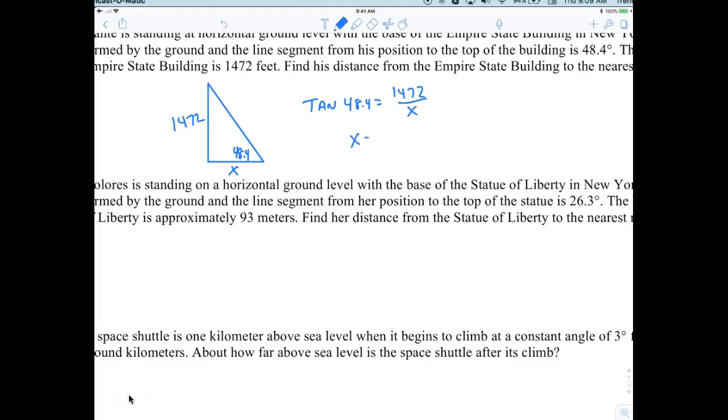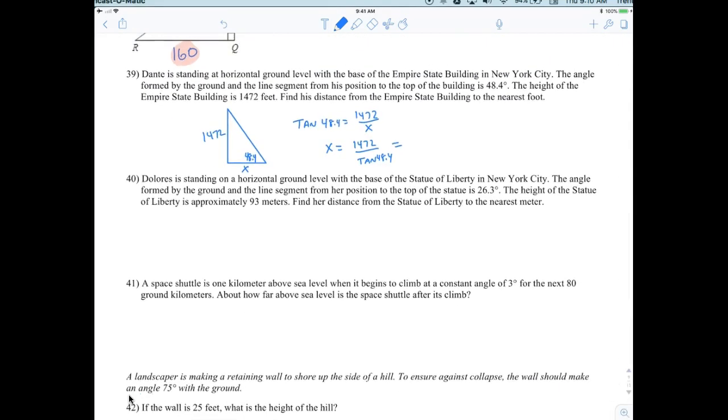So you should be able to say x is equal to 1472 divided by the tangent of 48.4. And what is that? 1306. 1,306.90. Same thing. Whatever.